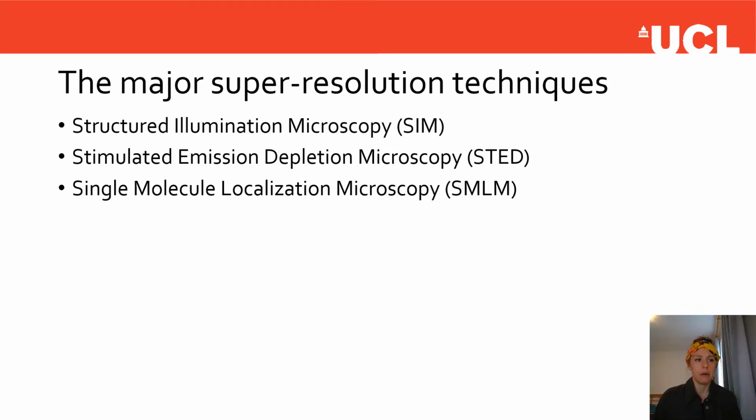The first inklings of these started in the early 90s, and they really took off since then. And in 2014, I believe, the Nobel Prize in Chemistry was awarded to some of the pioneers of particularly STED and single molecule localization microscopy, Stefan Hell, William Moerner and Eric Betzig. So, this is kind of all to say that these super resolution microscopy techniques are kind of a big deal.